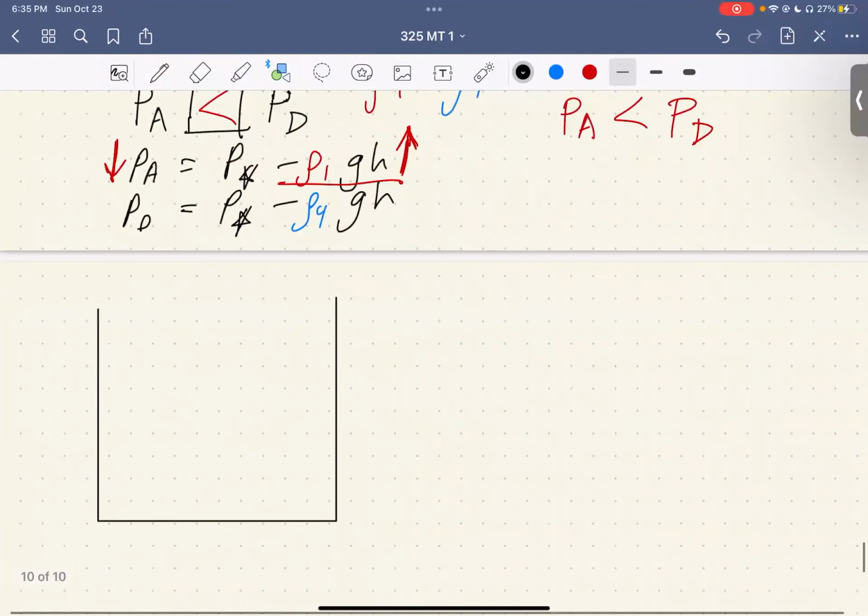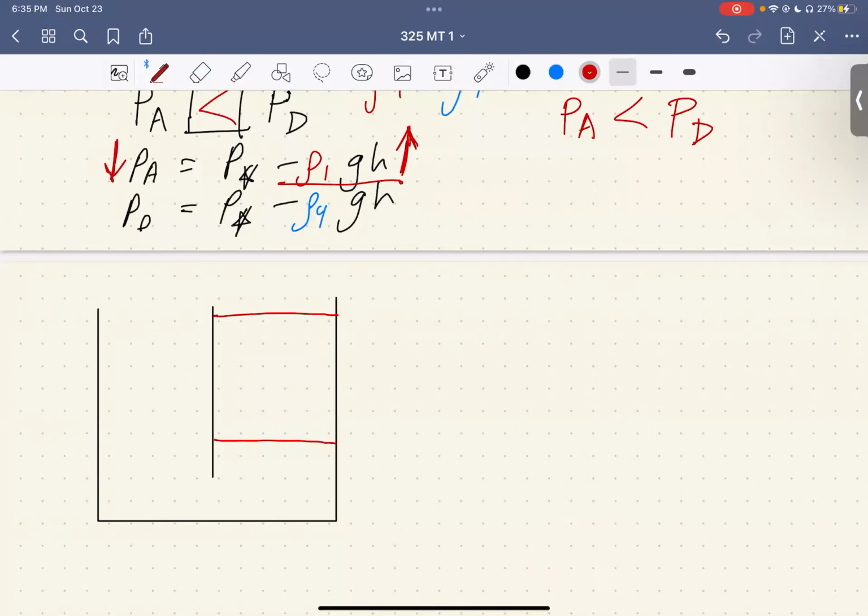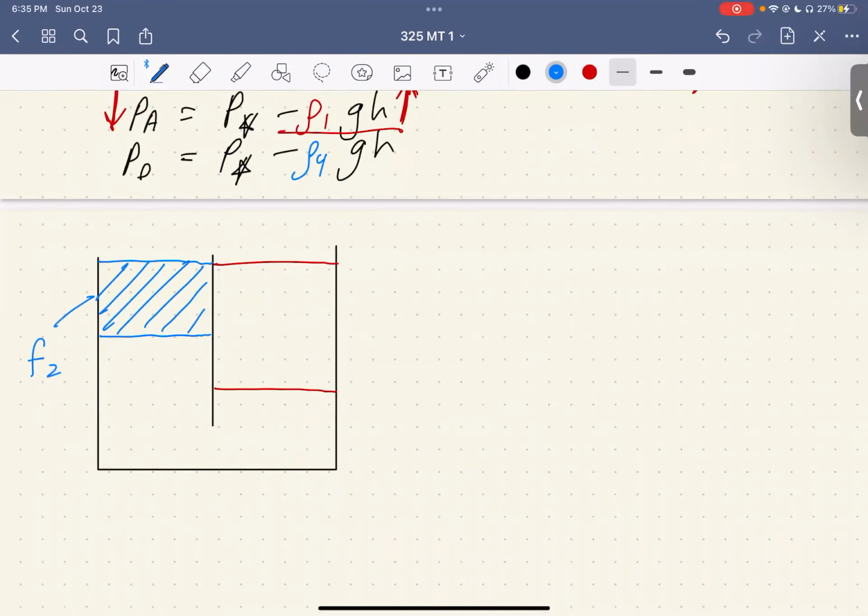So I'm going to condense this, and right over here we have fluid 2, and right over here we have fluid 4.